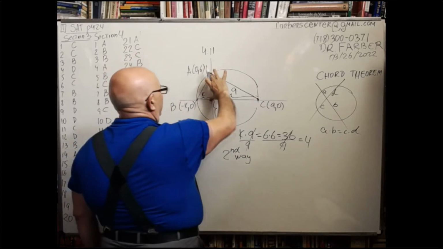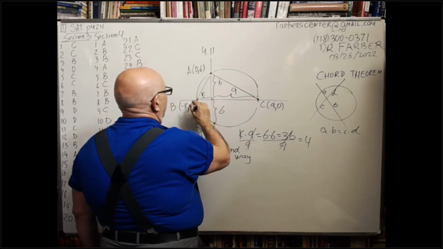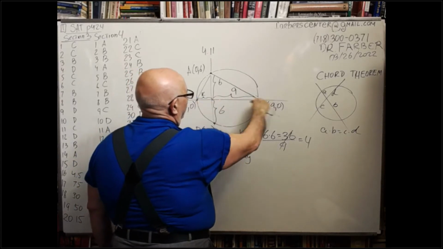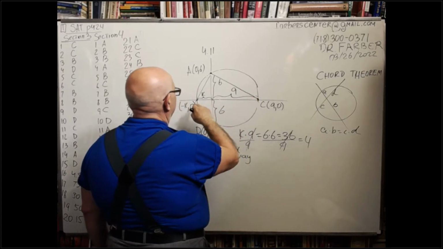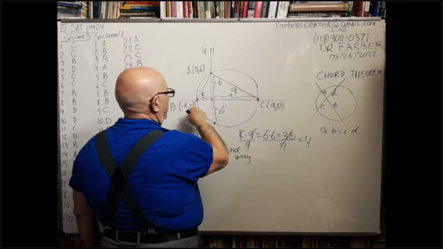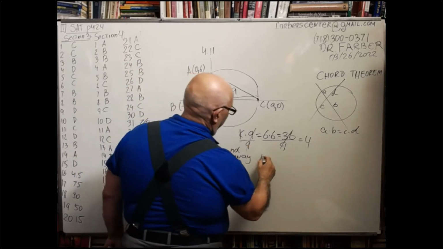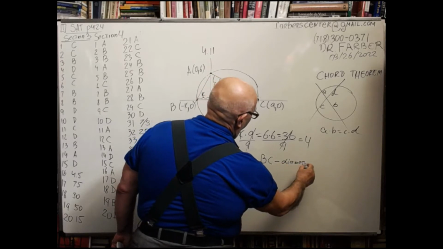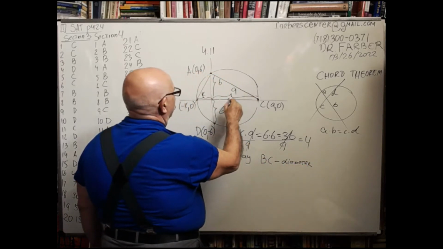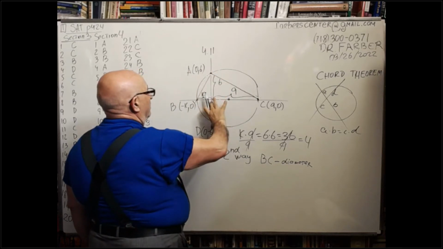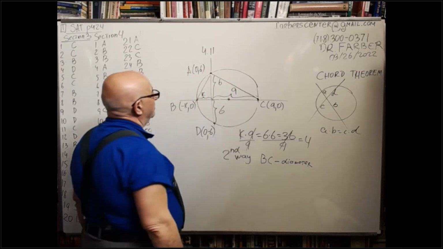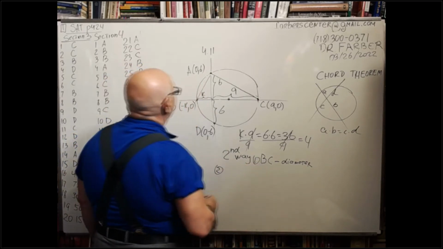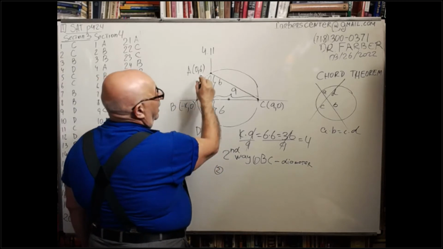Since this is 6 and this is 6, this chord goes through the center of this circle, right? So BC is diameter. BC is diameter. Why? Because this and this are equal to each other, it goes through the center. Step number 2. Angle BAC.